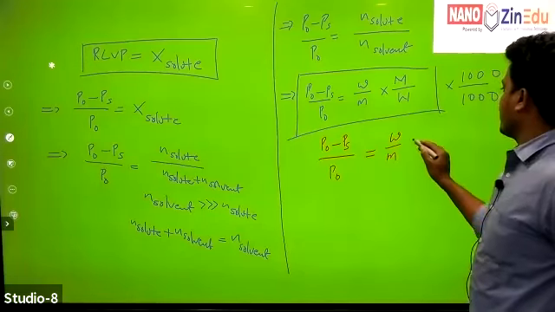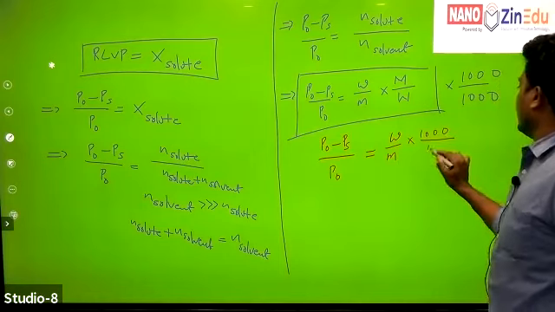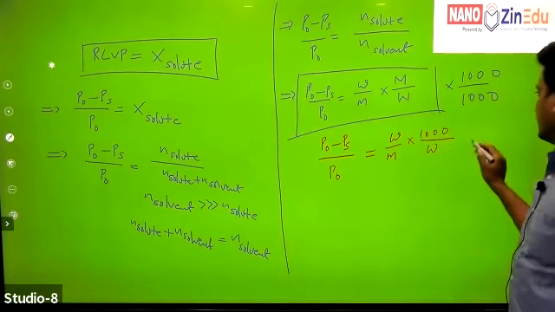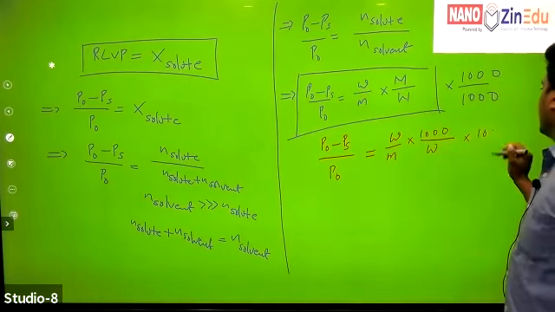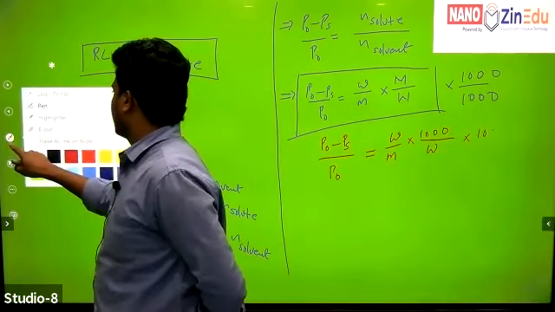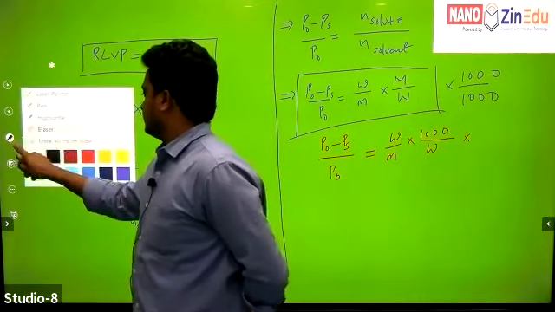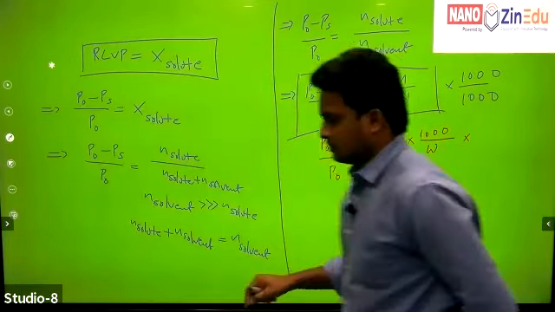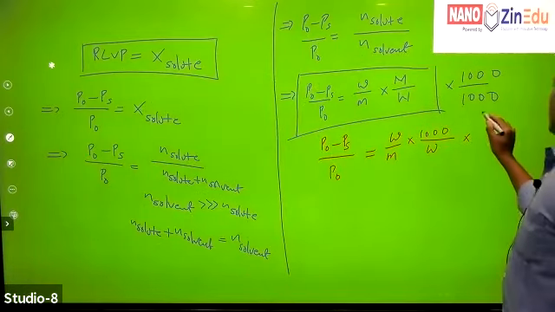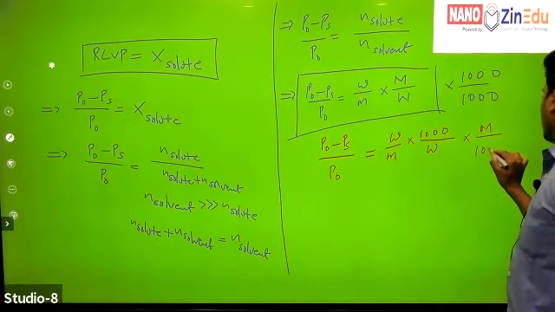Now see, on rearranging, 1000 by weight of solvent into the remaining terms we have here, molecular mass of solvent by 1000.